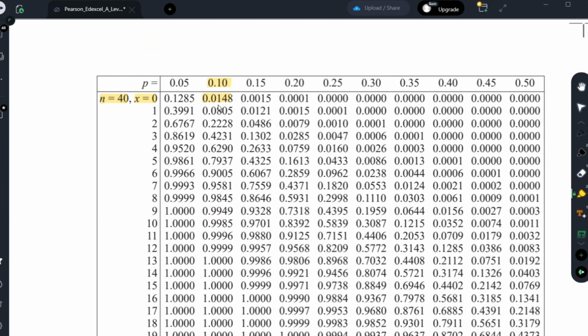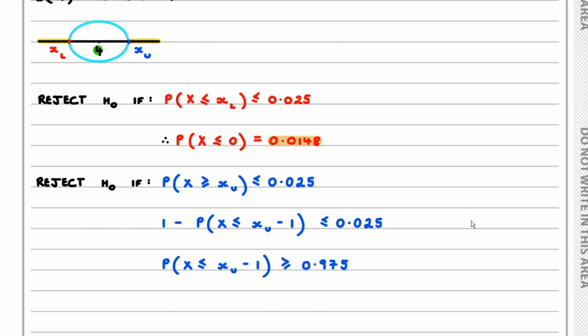So we need to find a value in this column that is greater than or equal to 0.975, and we can see that is this 0.9845, which corresponds to x equaling 8. So in other words, we have the probability that x is less than or equal to 8 equaling 0.9845.